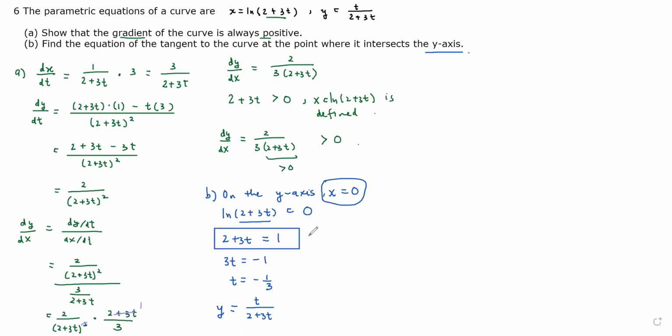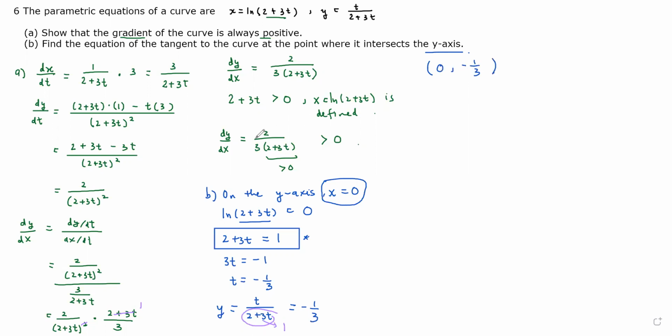From this part, we know that the denominator is 1. So let's look at the numerator. The numerator is just t, and t is -1/3. Then the tangent line passes through the point with coordinates (0, -1/3).